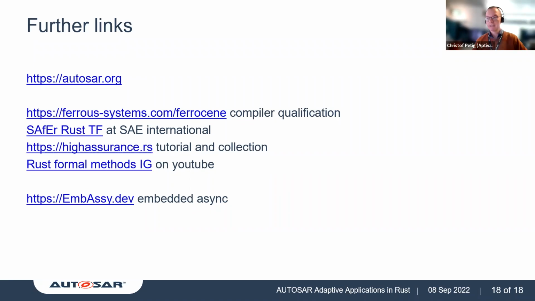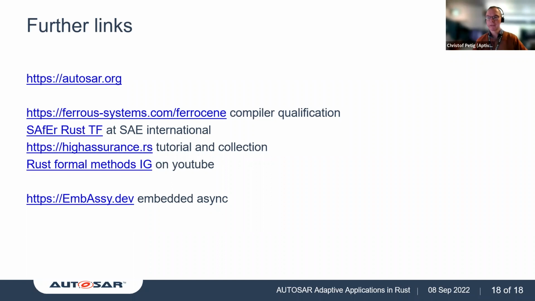If you are interested in Rust for functional safety, the company doing the compiler qualification will be interesting. This is Ferrous Systems in Berlin. I already mentioned the task force at SAE International. And within the task force, there's one person who collects a tutorial and a link collection on safety and security. This is High Assurance Rust, highly recommended.